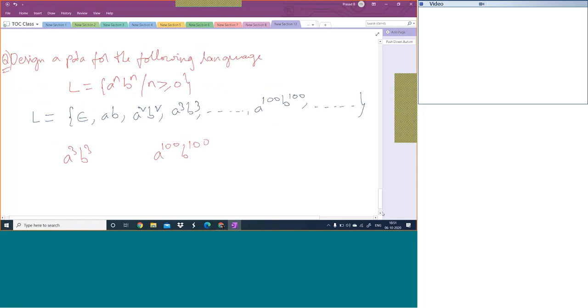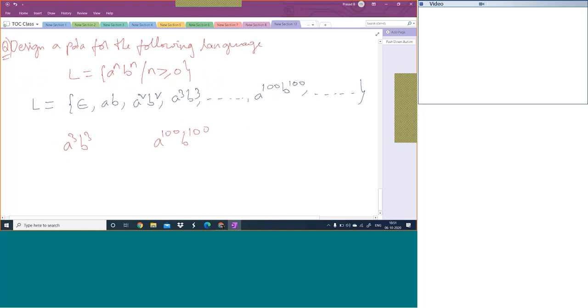When the machine is accepting this string a cube, b cube, here it cannot count that A's are 3 and B's are 3, and even it cannot check whether these 3 and 3 are equal or not. And in this a power 100, b power 100, the PDA cannot count that A's are 100 and it cannot count that B's are 100, and even it cannot check whether these numbers are equal or not.